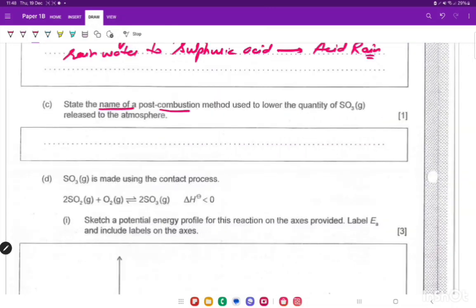State the name of post-combustion method used to lower the quantity of SO3 released in the atmosphere. After combustion of the coal, the flue gas is produced, so we can use the flue gas desulfurization process.